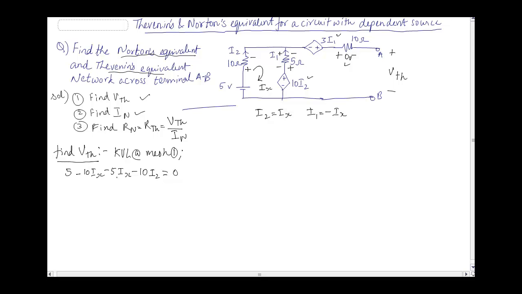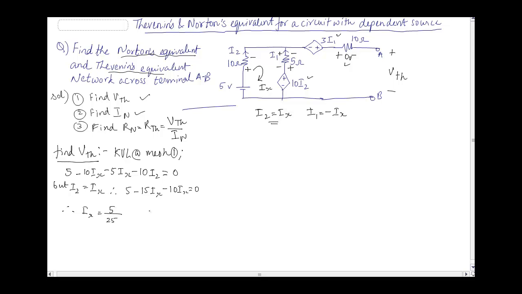But already we have seen I2 is equal to Ix. Therefore, this equation becomes 5 minus 15Ix minus 10Ix is equal to 0, from which Ix is going to be equal to 5 divided by 25.